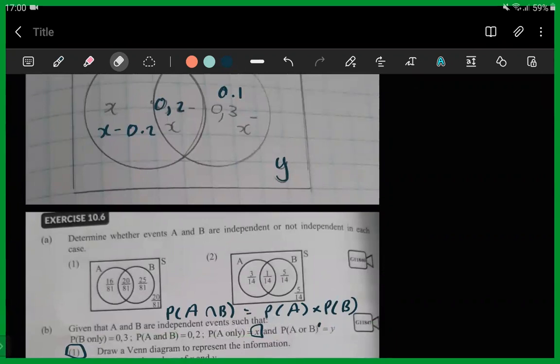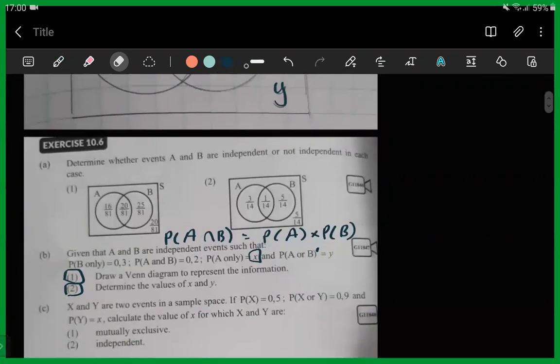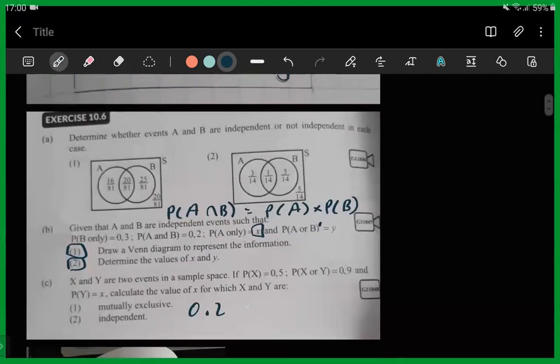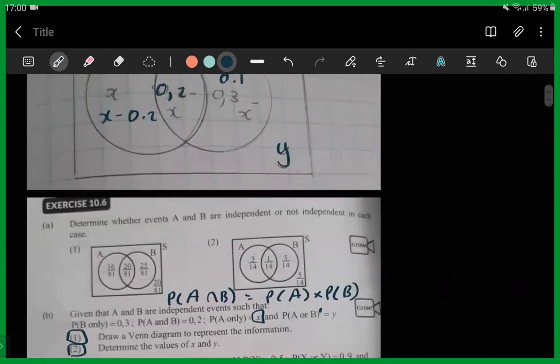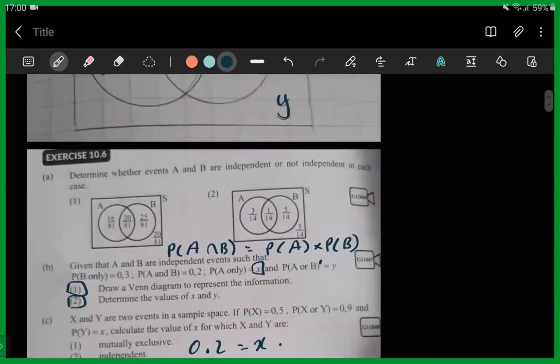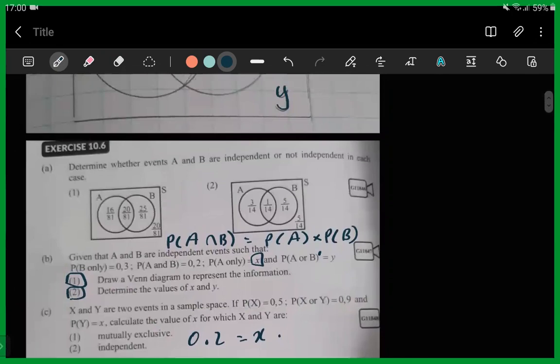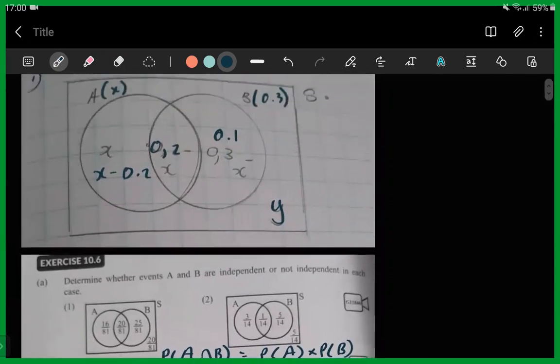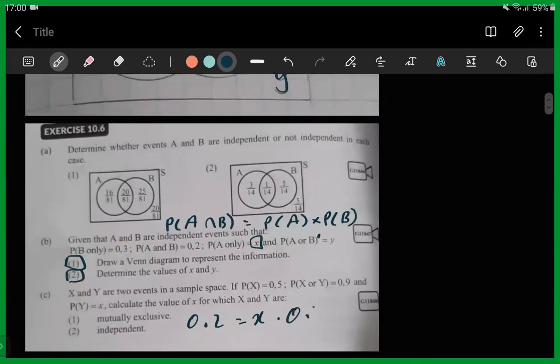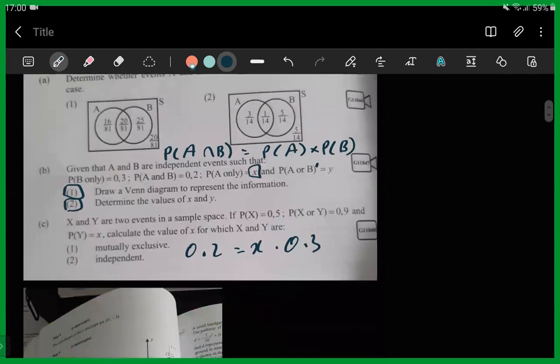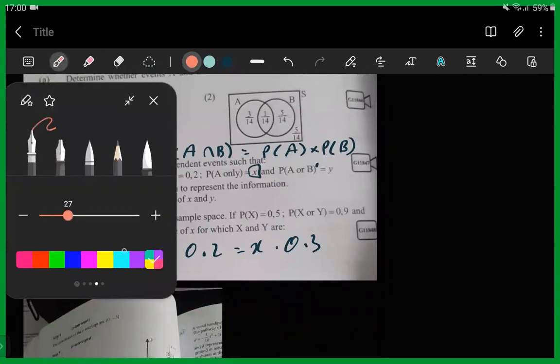So we can still use that formula because this is 0.2, right? Which is the probability of A and B. It is equal to the probability of A, which is x, times the probability of B, which is 0.3. But then no, it doesn't work out because it's too big.